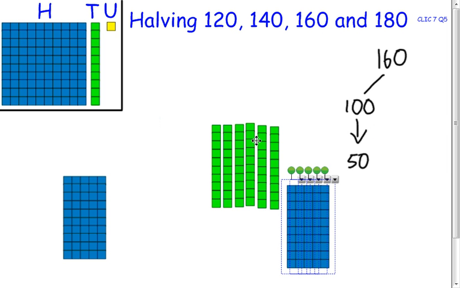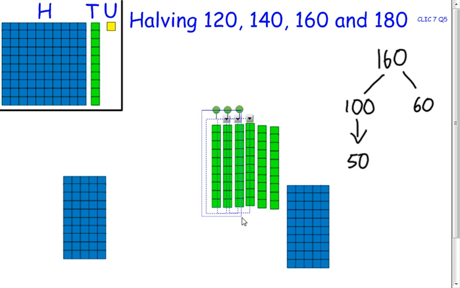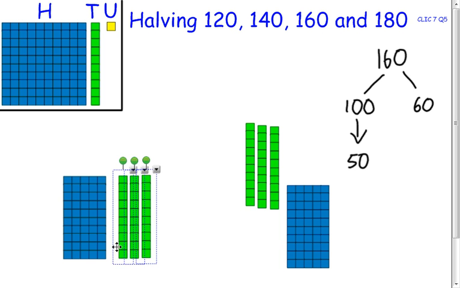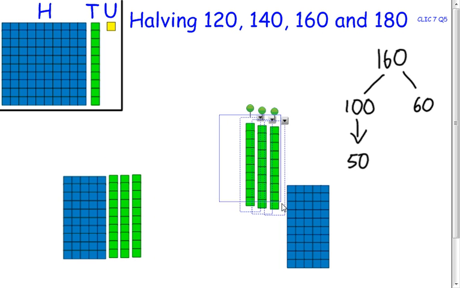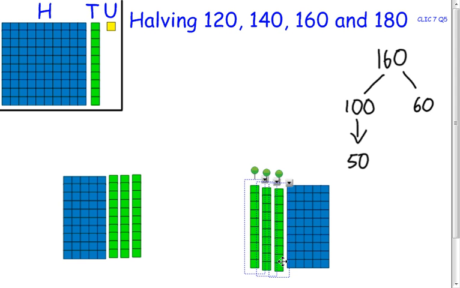Good. What have we got here? 60. Well done. So let's remember that we're thinking about 60. What is half of 60? 30. Let's move 30 over there and 30 over there.